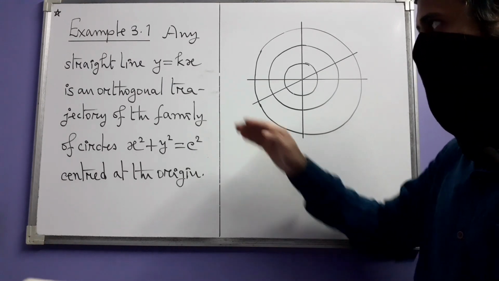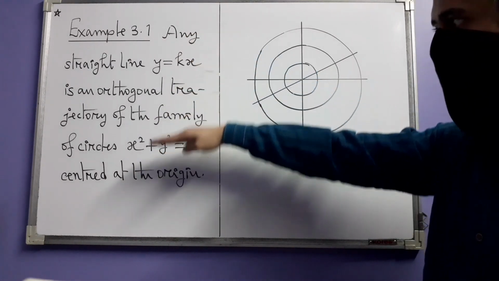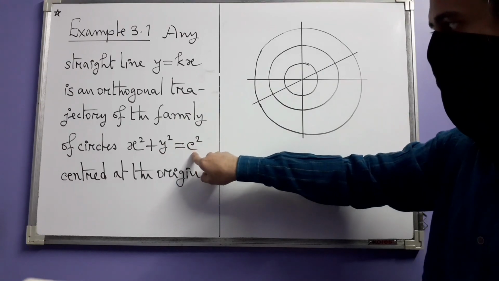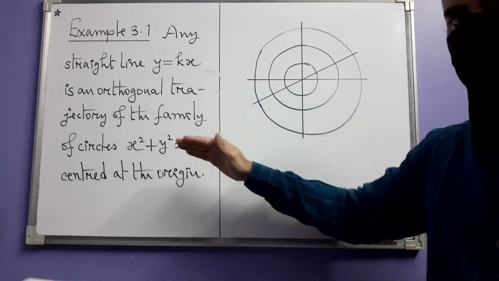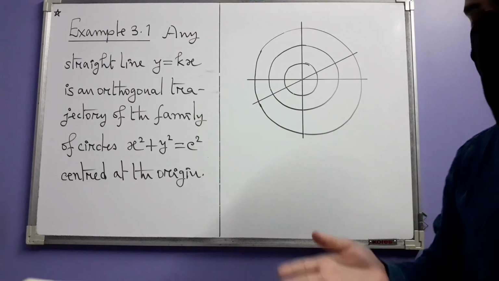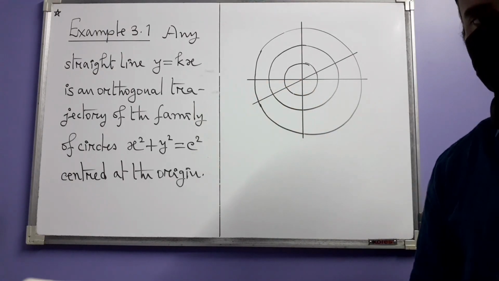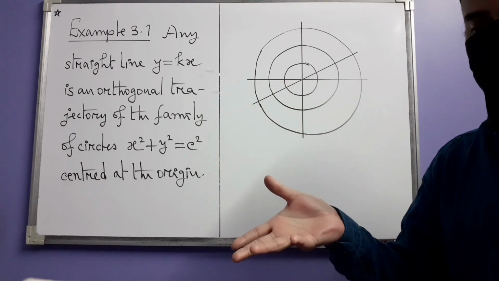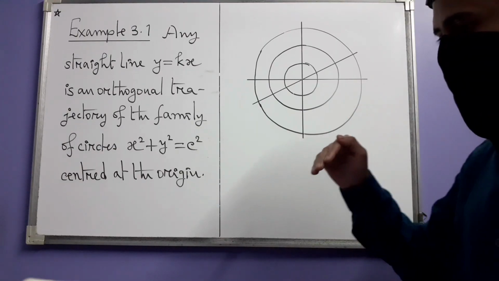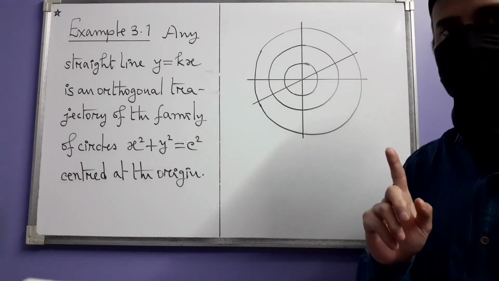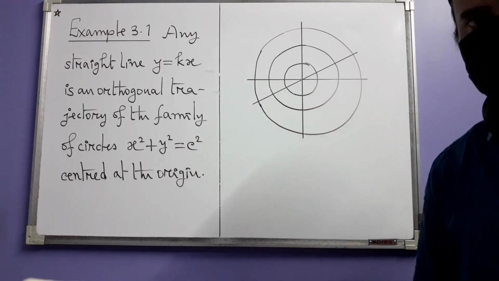So we can say that each family that you are looking at here, this one has the parameter c and this one has the parameter k. Each family is an orthogonal trajectory of the other family. I mean, we can say that the entire family is an orthogonal trajectory in the sense that each member of the family is an orthogonal trajectory to the other family.